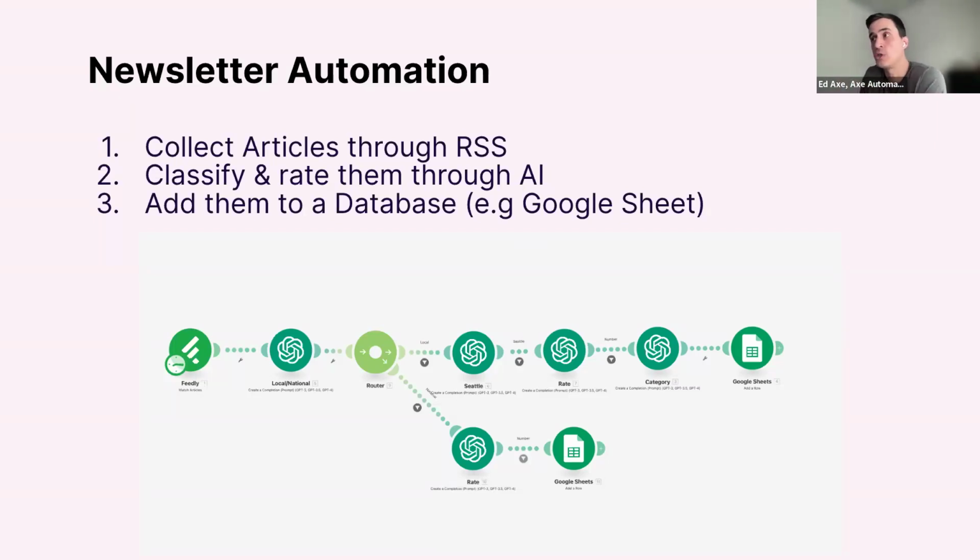The next step was to classify and rate those articles using AI, of course using OpenAI. We wanted to use OpenAI to evaluate each article to make sure that it was relevant. So what we did is we created a prompt to evaluate the impact of that article in the general category.